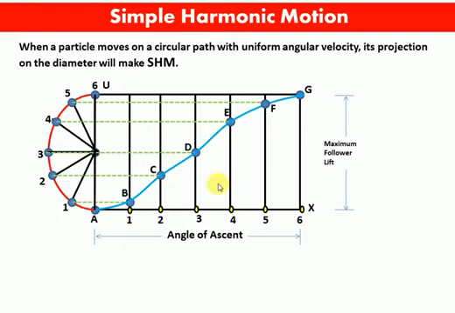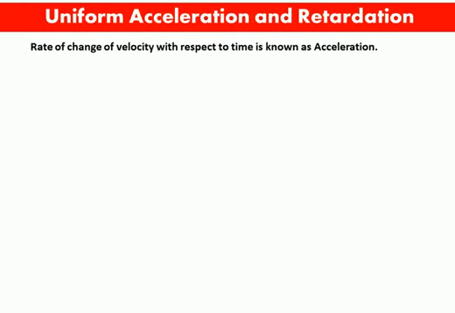Next is the follower motion following uniform acceleration and retardation. What is acceleration? It is the rate of change of velocity with respect to time. Now to draw the follower motion using uniform acceleration and retardation, we have very simple steps.